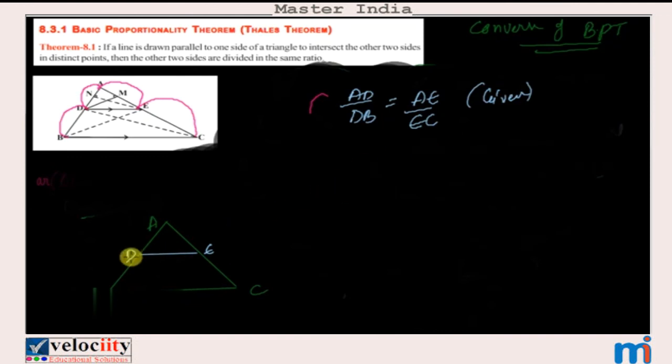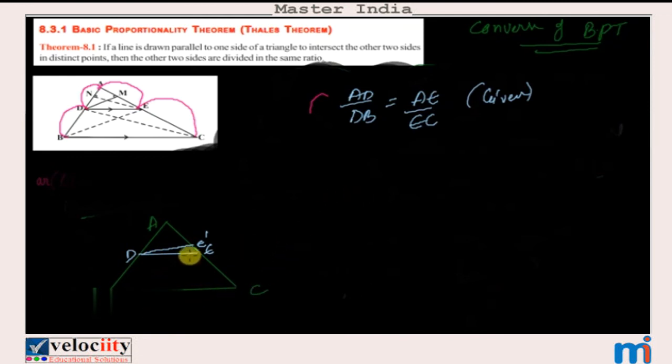We have to prove that DE is parallel to BC. How do we prove it? Let us say DE is not parallel to BC. We will prove this by using contradiction.